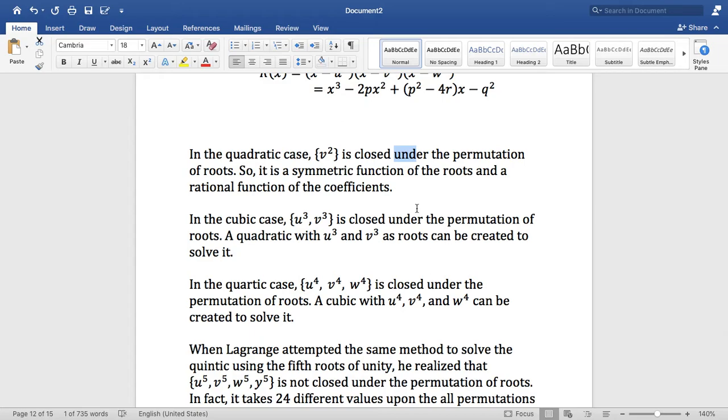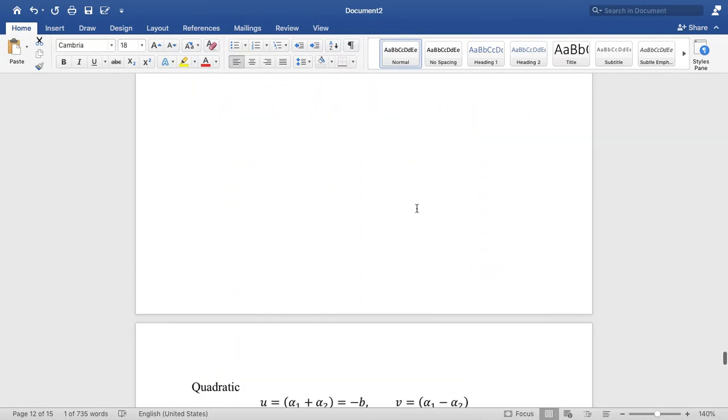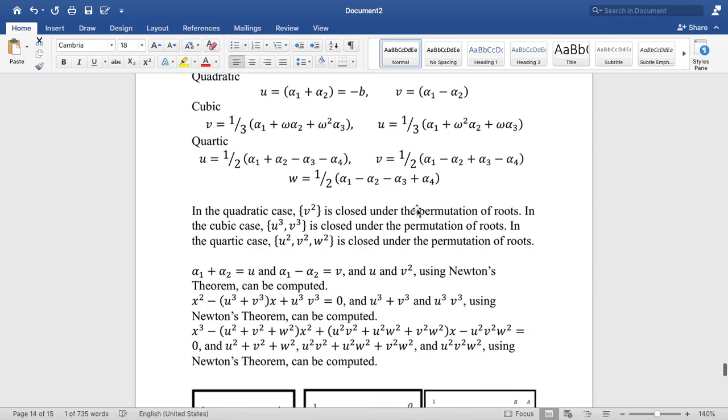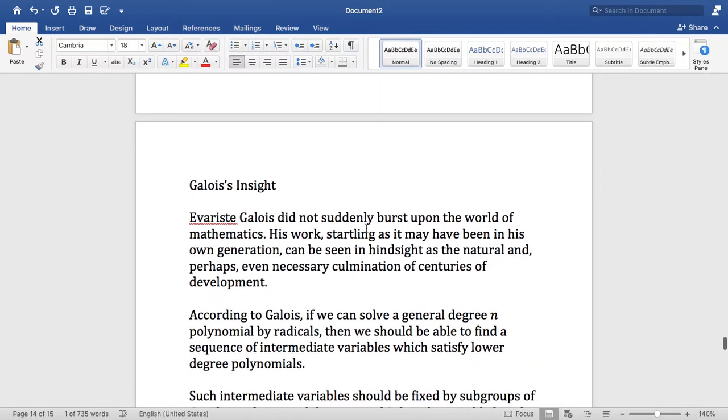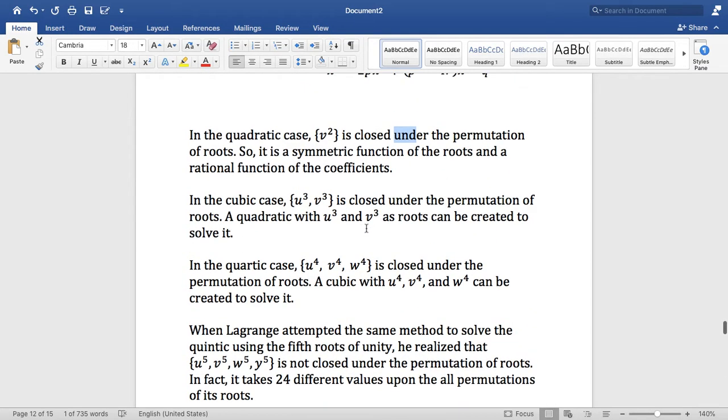In the second case, u cubed and v cubed is closed under the permutation of roots. Closed under the permutation of roots means if we permute the roots, u could switch to v and v could switch to u, that's okay. But what doesn't change is u cubed plus v cubed and u cubed times v cubed, which we used to solve the cubic.